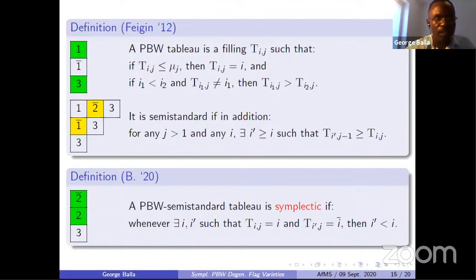So this condition says, whenever you have an entry which is less than the length of the column, which is at its position, and we have an entry I, and we also have I bar in the same column, then I bar should be above I. So this is the extra condition which should be satisfied for us to obtain a set of symplectic PBW tableaux.